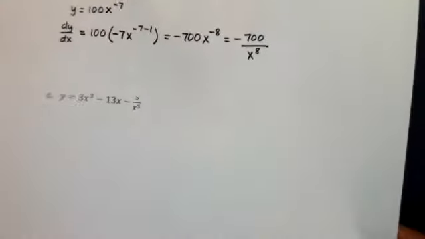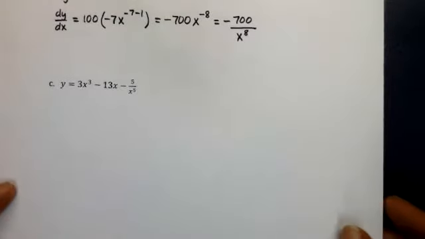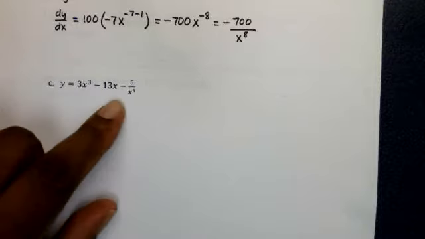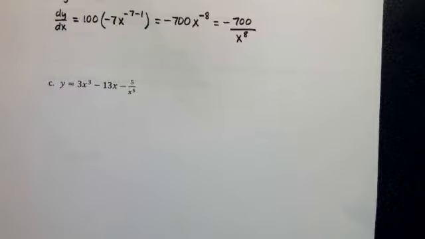All right, part C looks like this. Here I've got y is equal to 3x cubed minus 13x minus 5 over x to the 5th. All right, let's write this by pulling that x to the 5th out of the denominator.